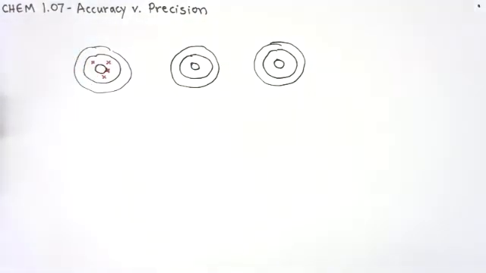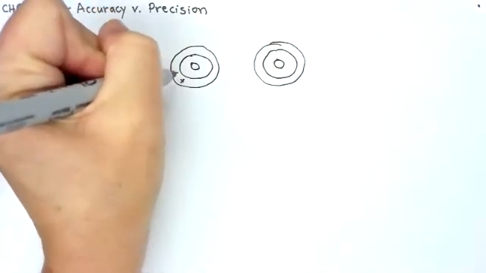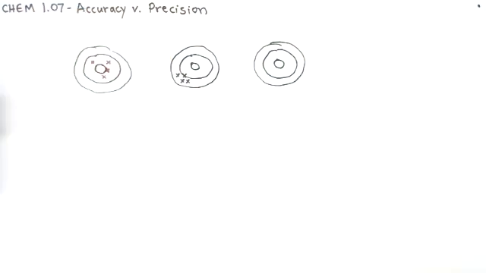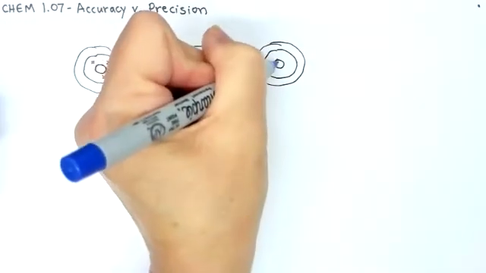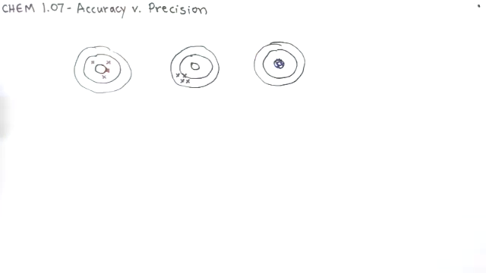And let's say for my second flight, I hit here, here, here, and here. And let's say for my third, I get 4 shots right here.